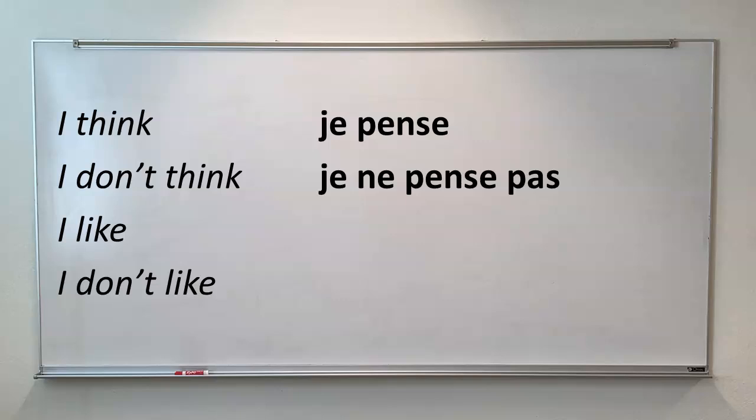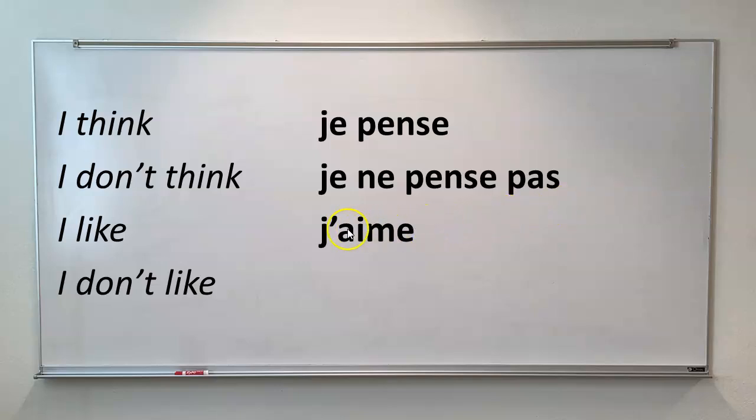I like. Remember, the verb to like is aimer. And remember, aimer begins with a vowel, so instead of je, you're going to use the J apostrophe. J'aime, I like.